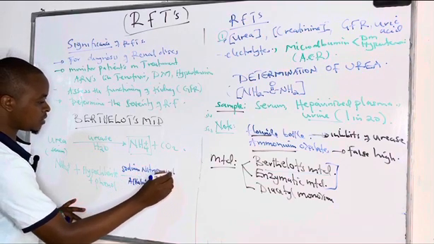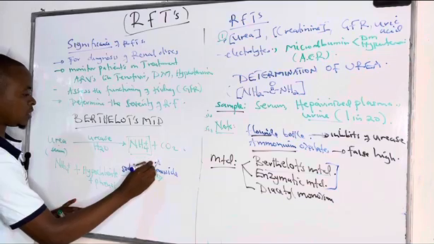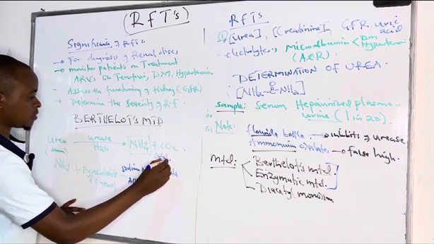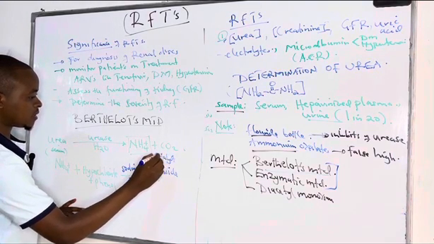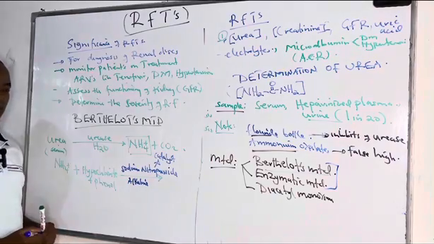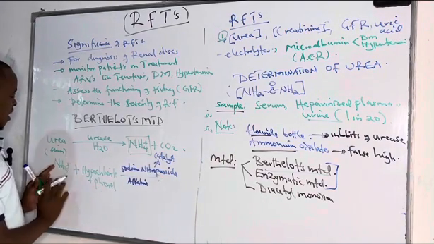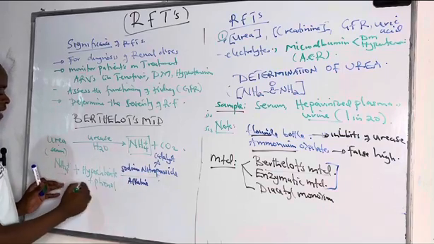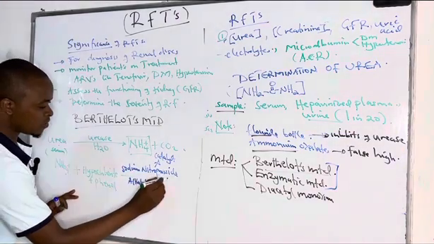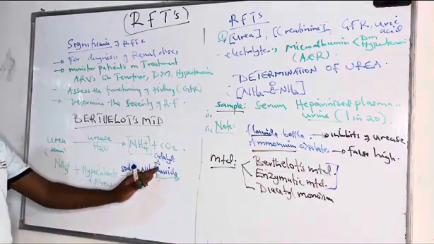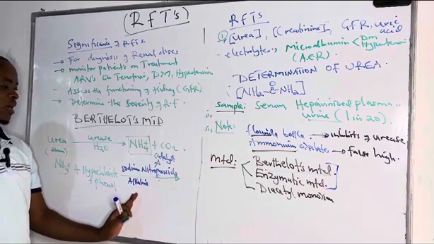Sodium nitroprusside is acting as a catalyst in the reaction, whereby catalysts speed up the rate of biochemical reaction. So when I have ammonium ions, I add hypochlorite in the presence of phenol and sodium nitroprusside as a catalyst in alkaline media.